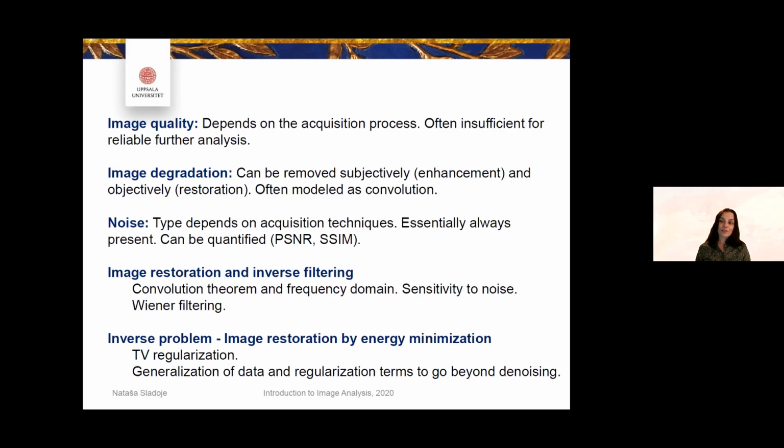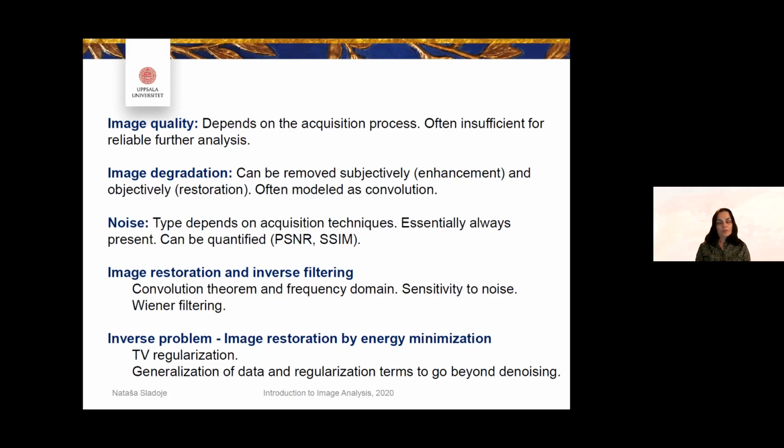So sometimes we can deal with what we get, but in very many situations we would like to start our real image analysis with first slightly improving the images that we get directly from the acquisition, either by enhancement or by restoration.